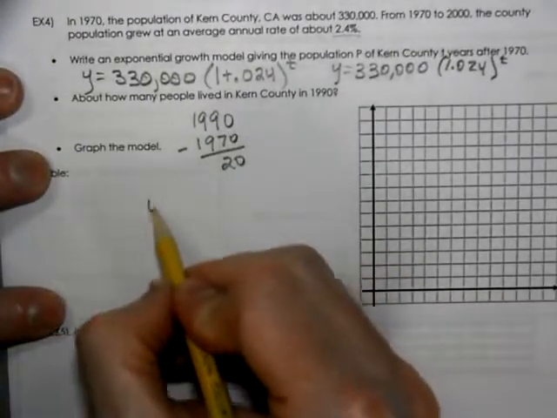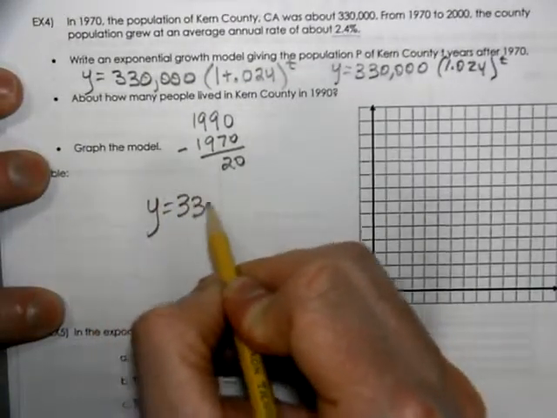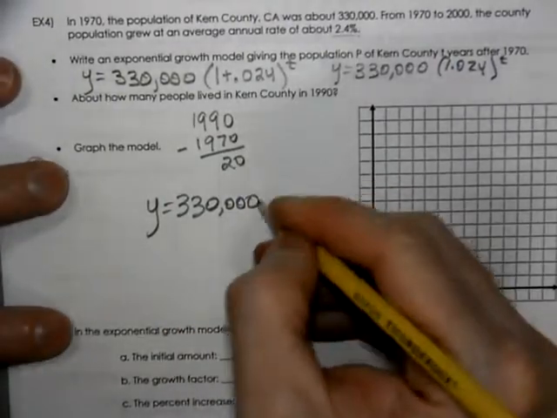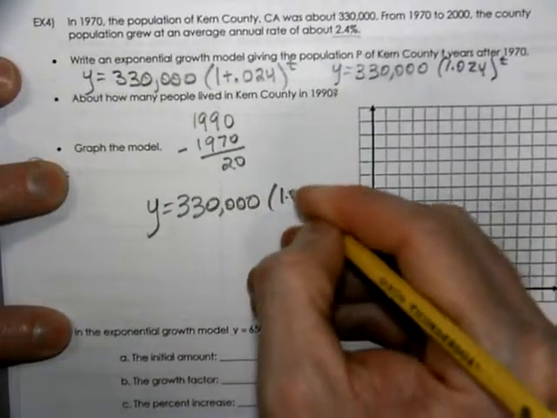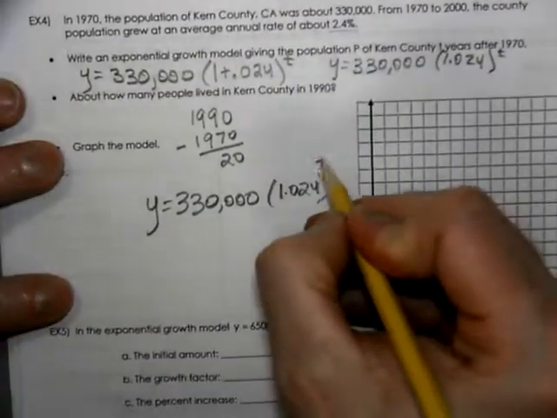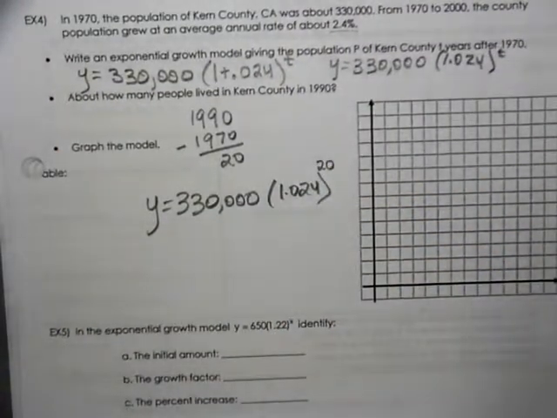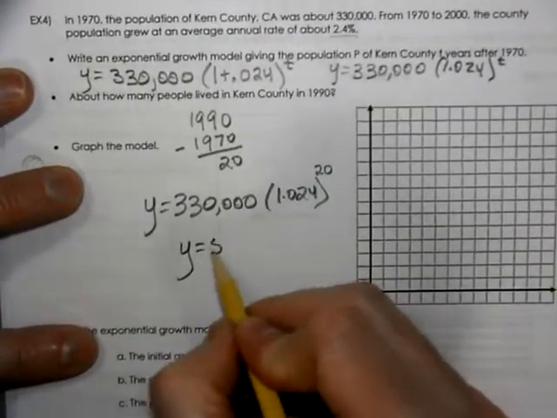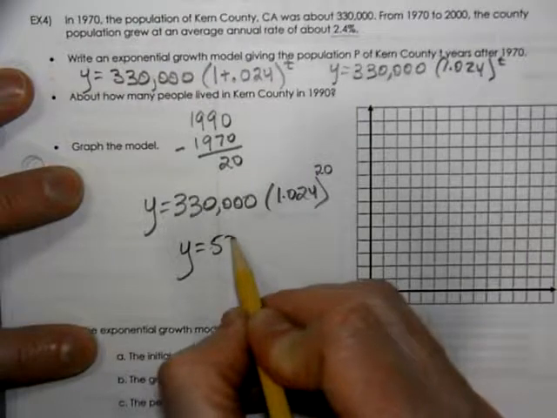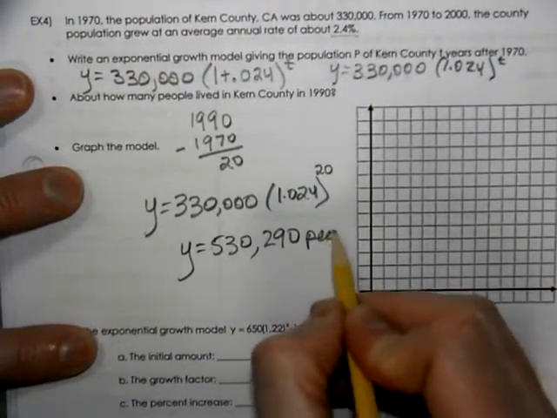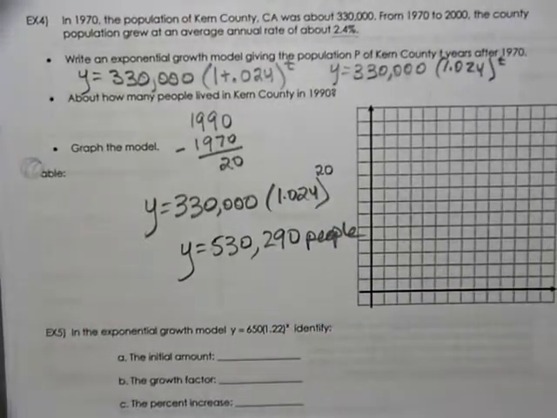So we can take our 330,000 at the growth model of 1.024 for 20 years. And if you type that into your graphing calculator, or into your calculator, you'll get 530,290, and those are people.